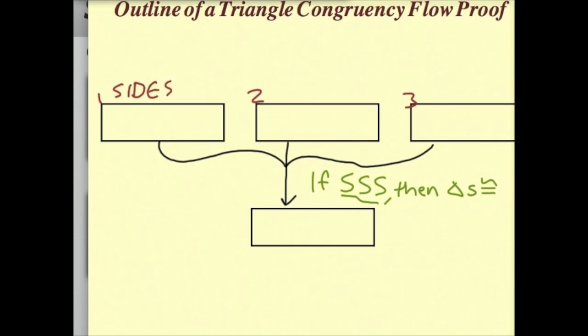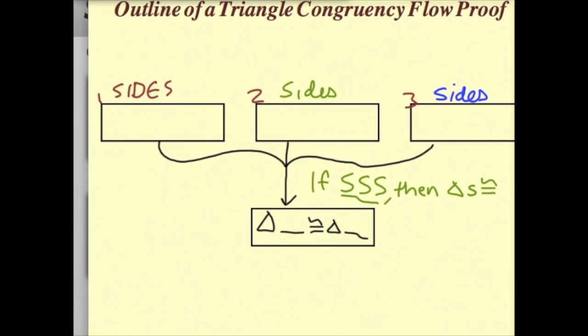In box 2, and also in box 3, we have a different pair of sides. And that allows us to prove that the triangles themselves are congruent. So let's say triangle something or other, I don't know its name yet, will be congruent to triangle some other thing. So that's why we're always going to have these three boxes flowing into one.